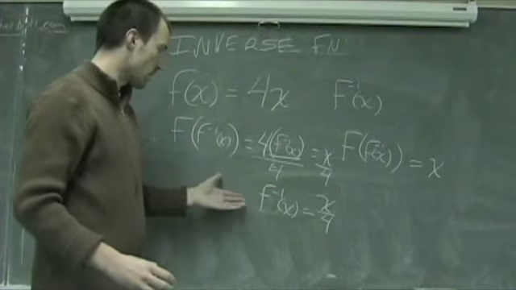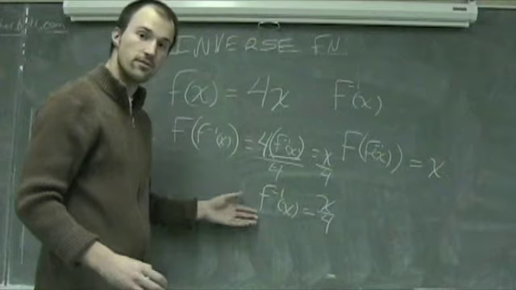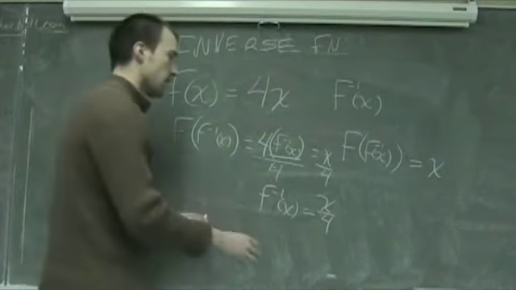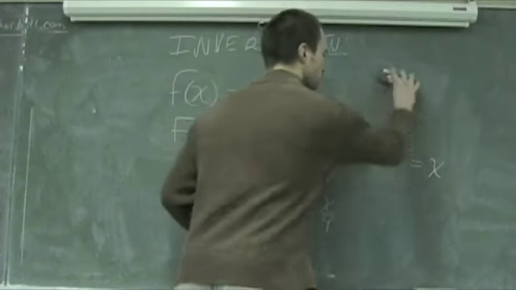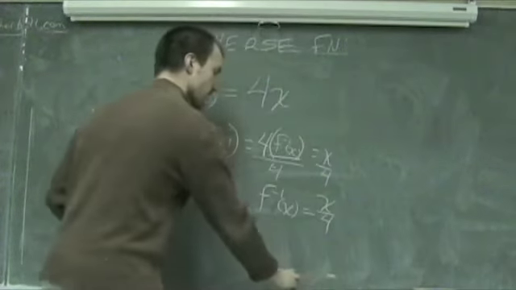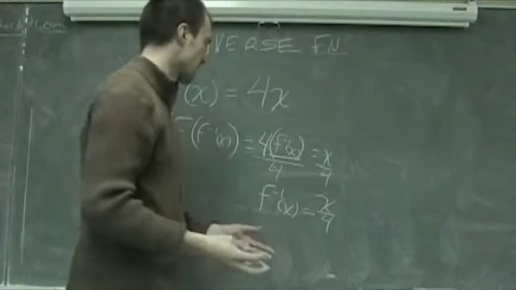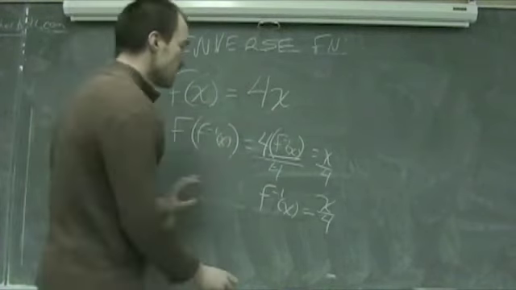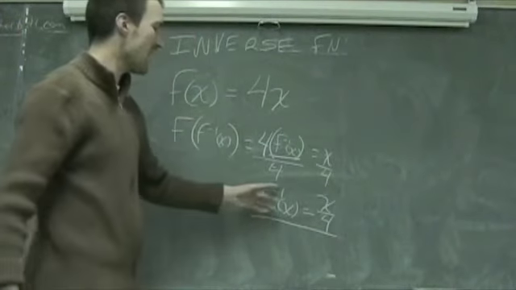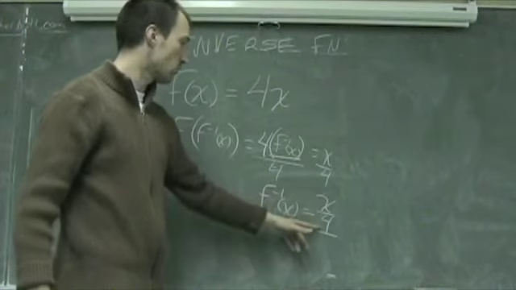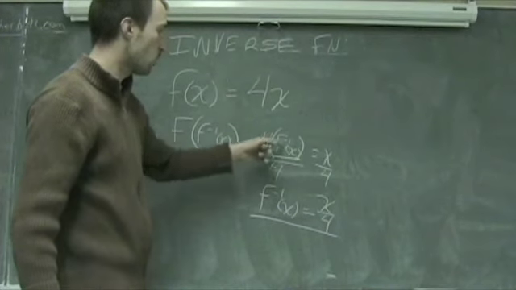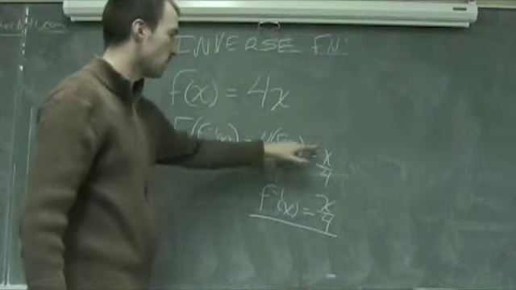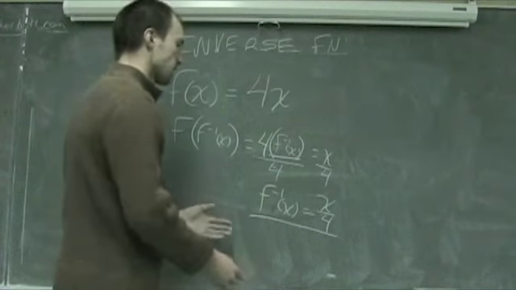Now, we don't have anything else left in front of f inverse of x, so let's try the composition. The f of f inverse of x should give me just x. So, f of x, again, is 4 times x. And we think that f inverse of x is x over 4. We found that by taking 4 times the f inverse of x and setting it equal to x. We divided both sides by 4. That's how we found it.